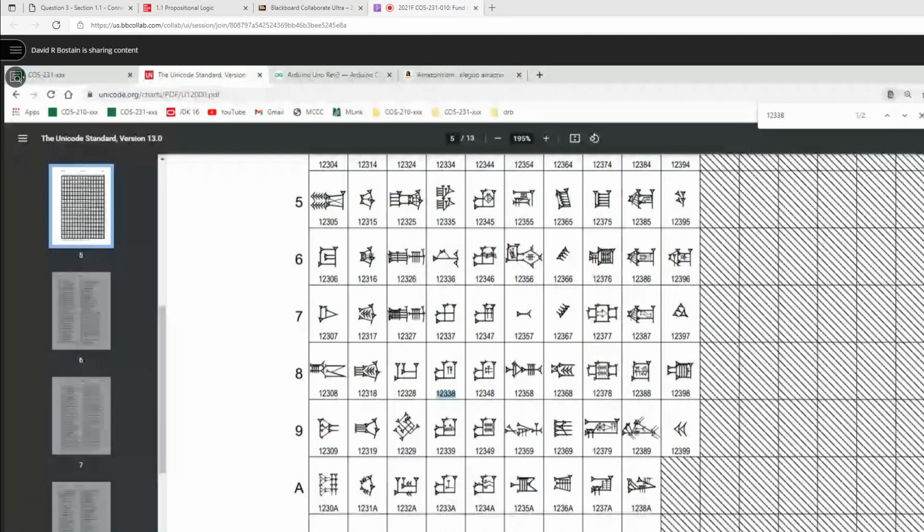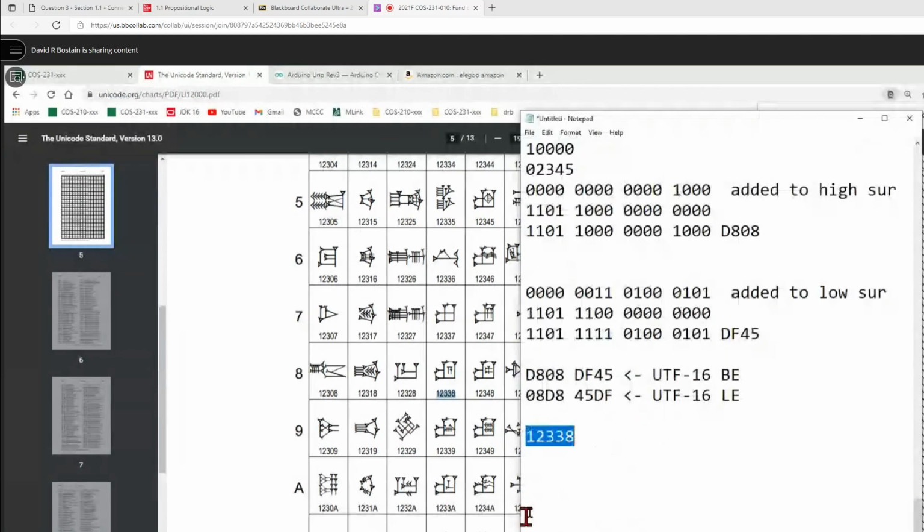So let's try to translate that guy, following our stepwise procedure. First thing we do is we normalize the number by taking away what looks like 10,000. That leaves us with 2338. Write that out in binary. 2, 3, 3, 8.